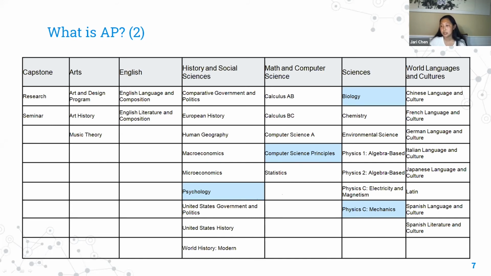Somebody asked, is getting a low grade in an AP course worse than not taking it at all? I would say it depends on how low of a grade you're getting. If you're getting a high B, or at least an 80, then it's probably better than not taking it at all.